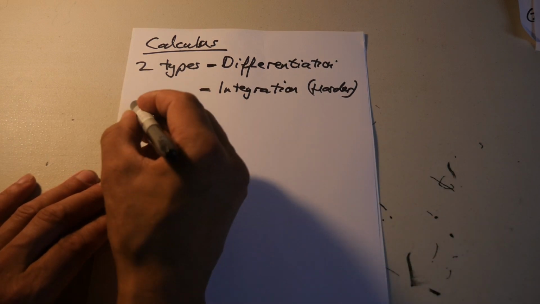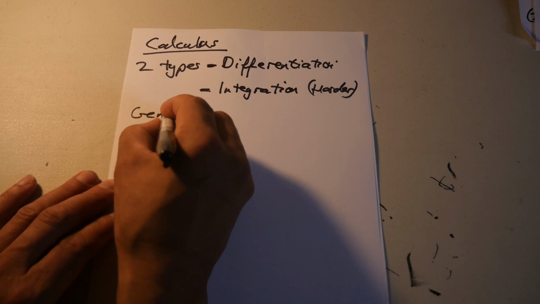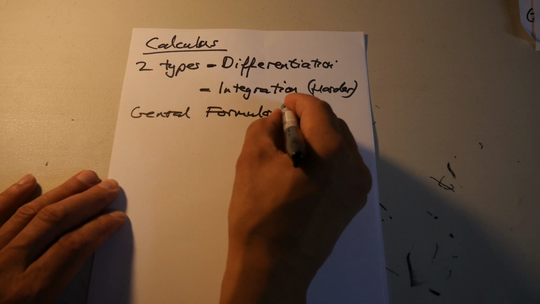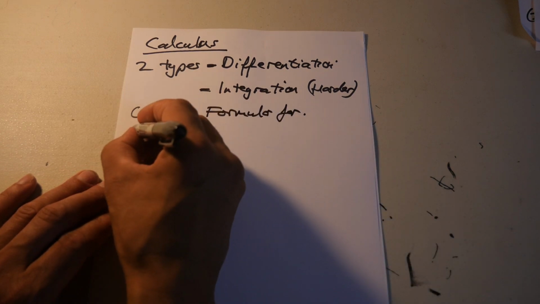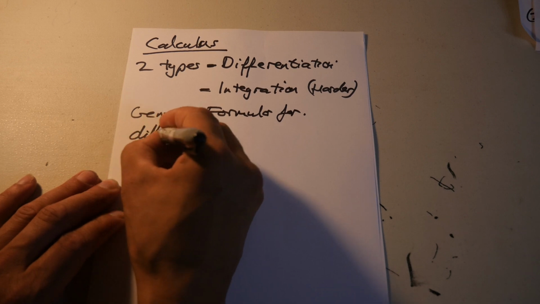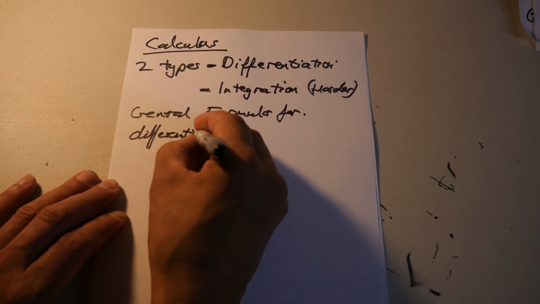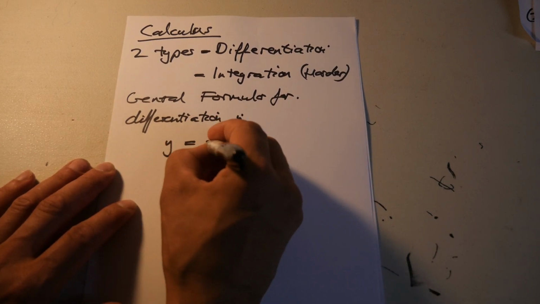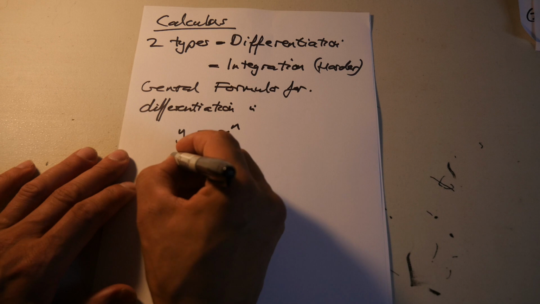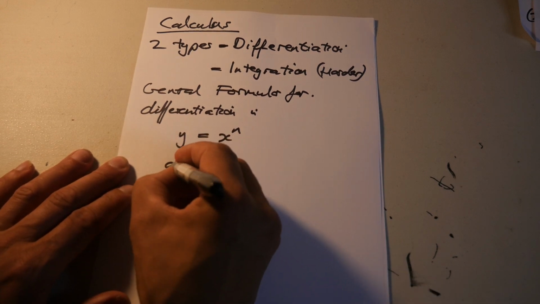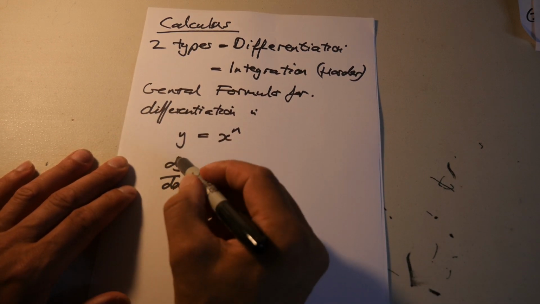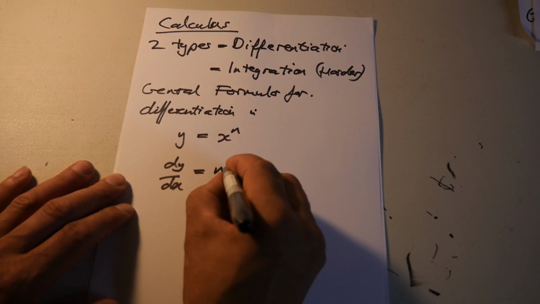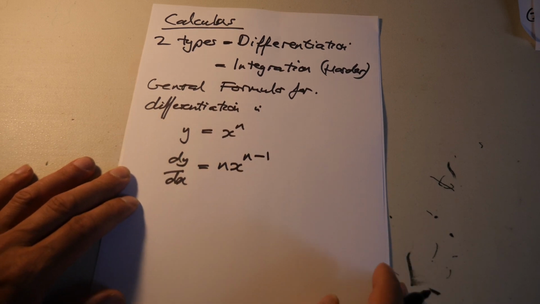The general formula for differentiation is, if you have the equation y equals x to the n, then dy by dx, which means a small change in y by a small change in x, is nx to the n minus 1.